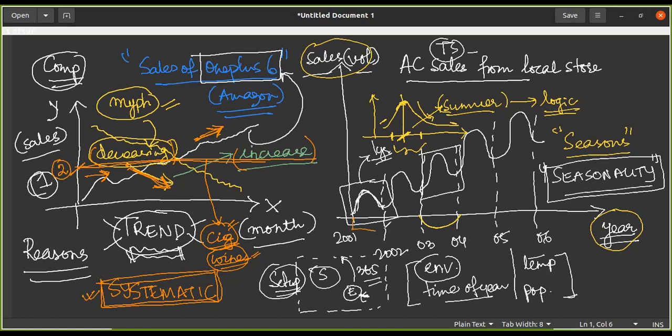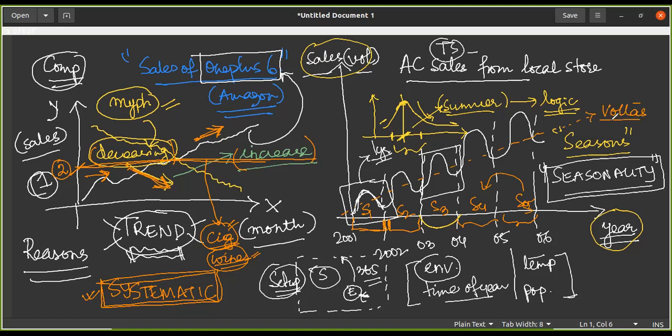Every section of the data, if you call each section S1, S2, S3, S4, S5, every section of the data is basically a replication of the other section. It may well be that I do see an upward trend over a period of time. Let's say this is Voltas AC.